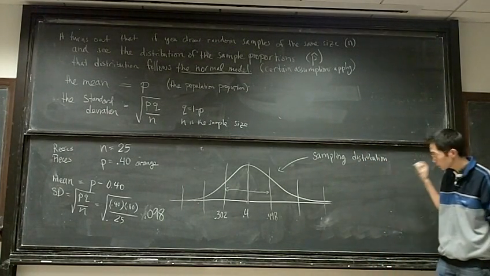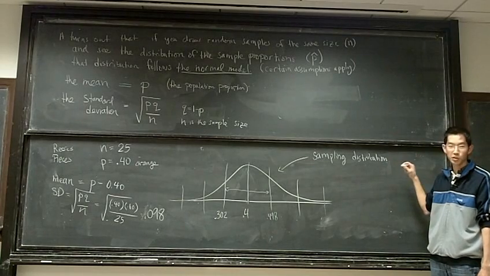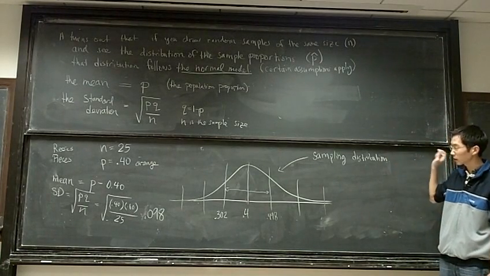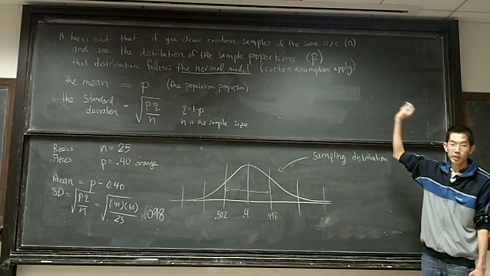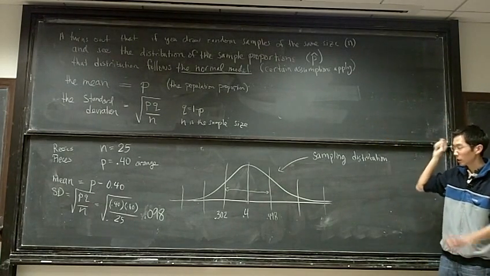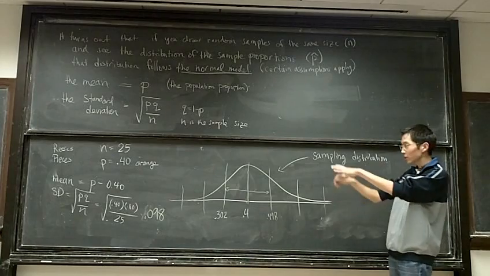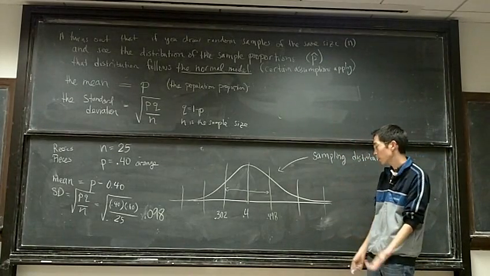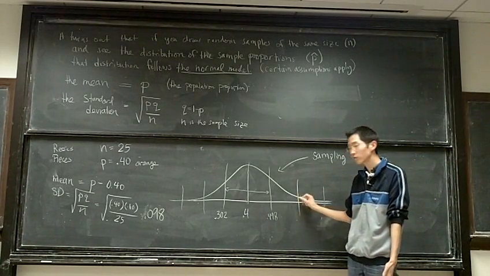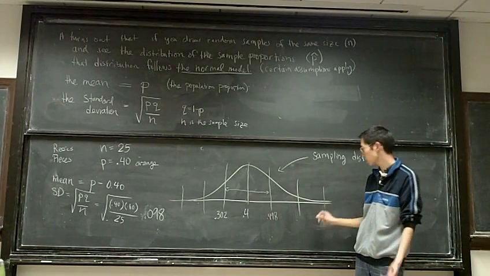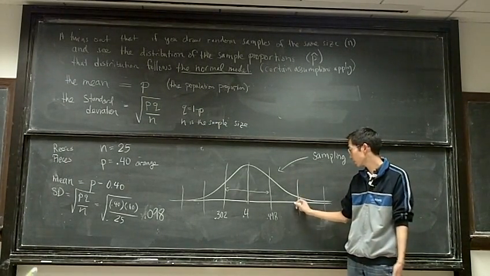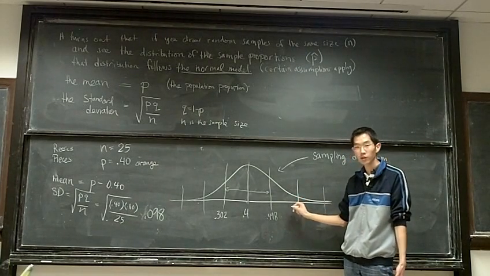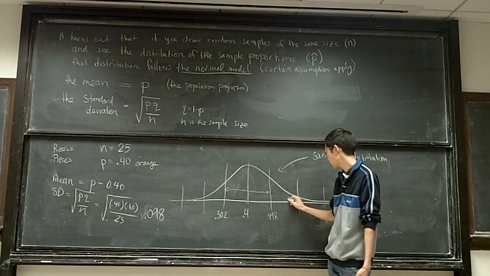Okay? Please be sure you understand what a sampling distribution is. The sampling distribution is we're taking random samples, okay? So any one sample, if I just take out 25 pieces, that single sample could have, just by random chance, a proportion that's 56% orange M&Ms. It could be out here, all right?